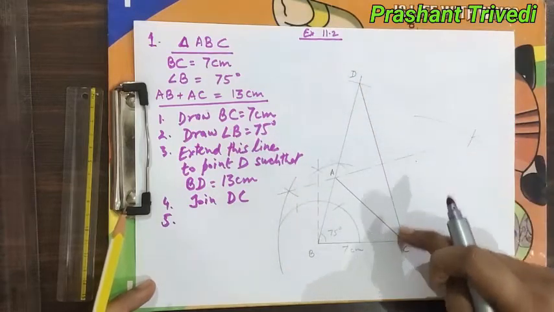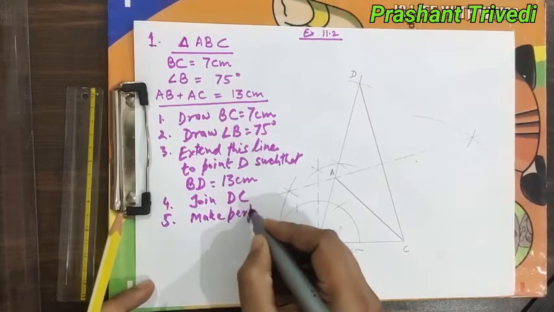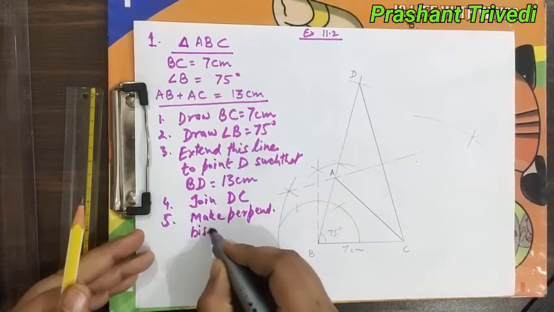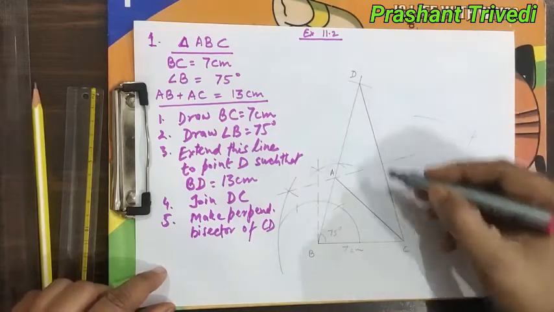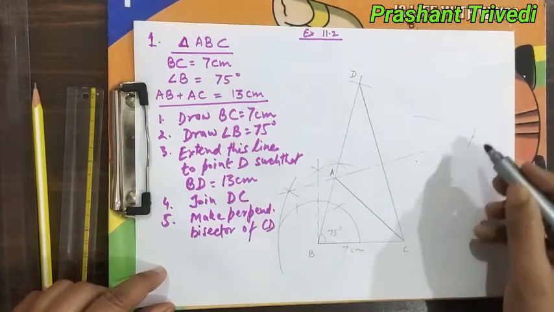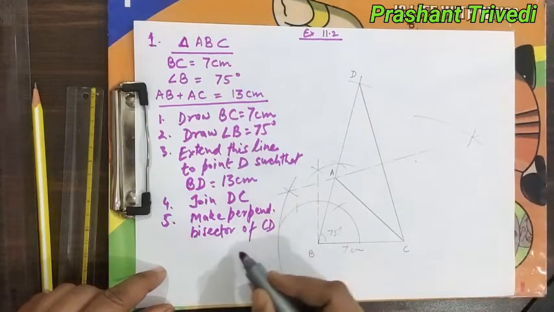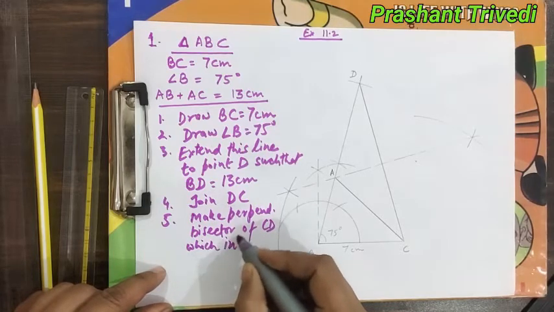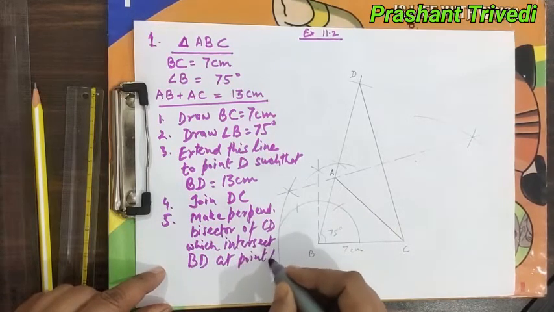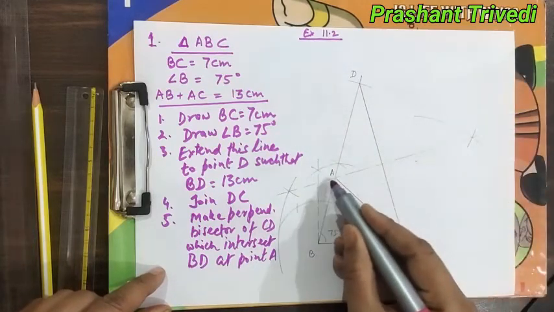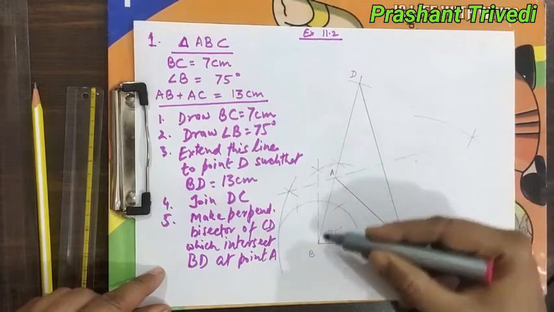Fifth, we have to construct the perpendicular bisector of CD, and this perpendicular bisector of CD will intersect the line BD at point A. This perpendicular bisector will pass through the line BD at point A. This will be the vertex of our triangle.